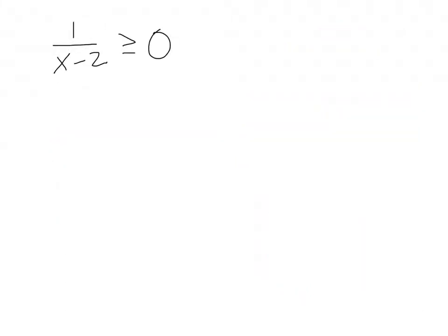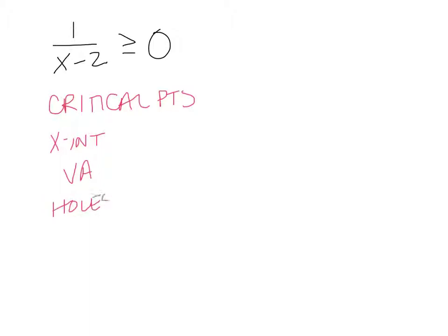So here we have another rational that's related to 0. It's already factored, so I can go ahead and find my critical values, my critical points. So we know that our critical points are going to be our x-intercepts, our vertical asymptotes, and our holes. Again, there's no holes, so we do not need to worry about that at this point.